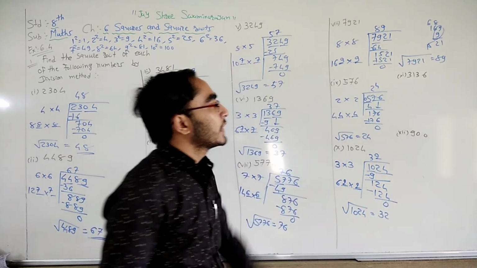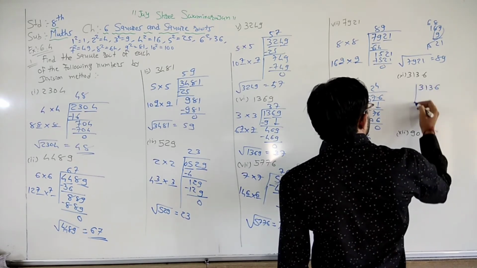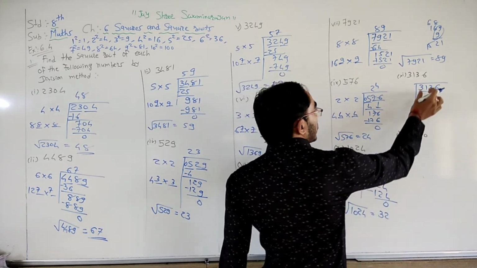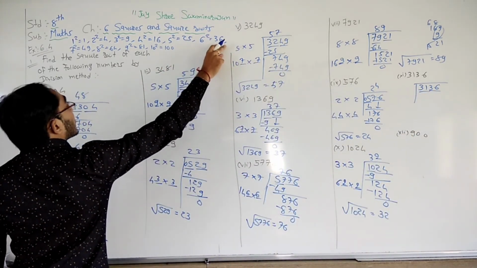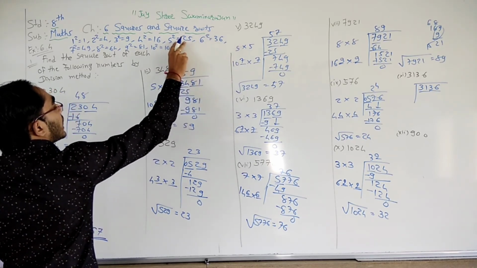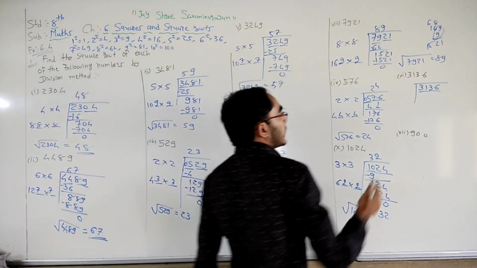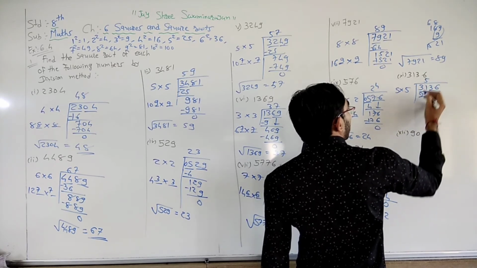After that, 3136. Make pairs of 2 digits. First of all 31. 31 lies between 25 and 36. Out of that, the smaller number is 25, and it is 5 5s are 25. So 5 times 5 is 25. Put 5 here.